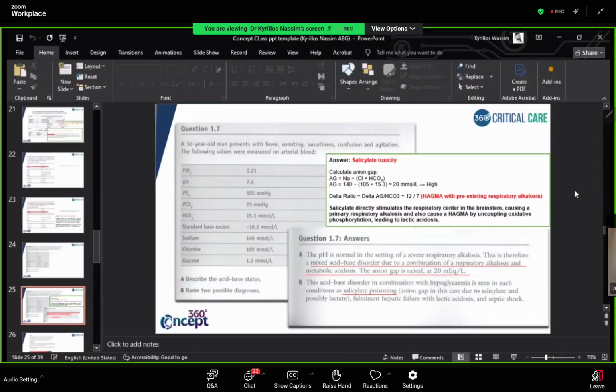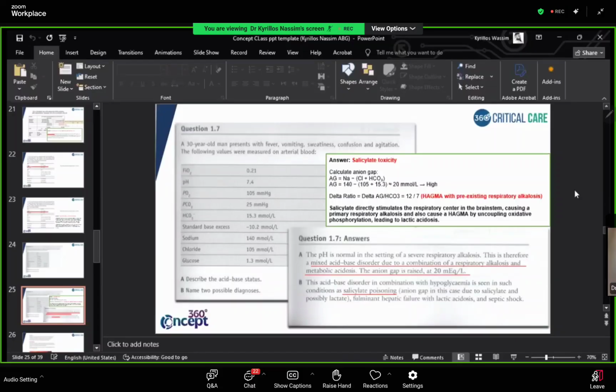In high anion gap metabolic acidosis, I must calculate the delta ratio. The delta ratio here is more than 2. So there is another acid-base disorder compromising the high anion gap metabolic acidosis, which is high anion gap metabolic acidosis with pre-existent respiratory alkalosis.